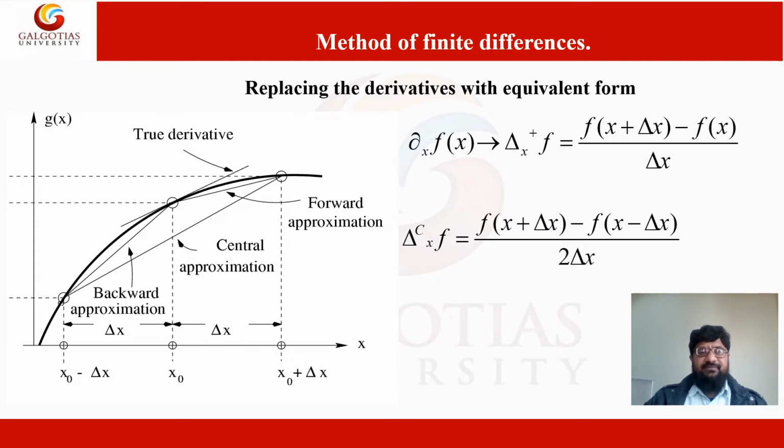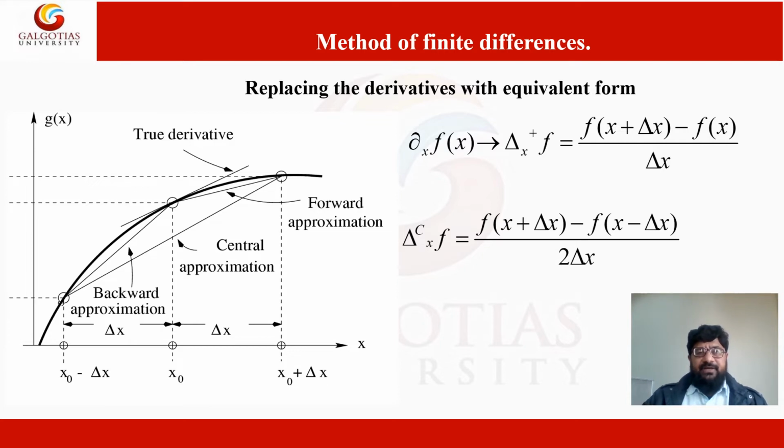let us say that we have a function f(x) which is behaving like this, and its derivative del f by del x can be geometrically attributed to the slope of a line, this line AB, right? So the true derivative or the true value of del f by del x is the slope of this line.